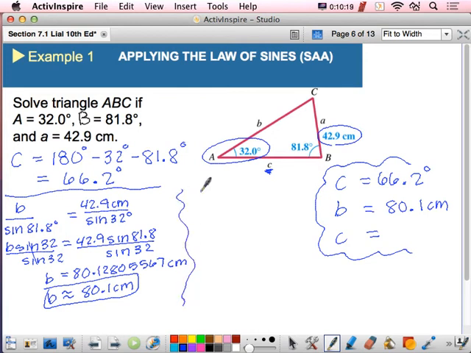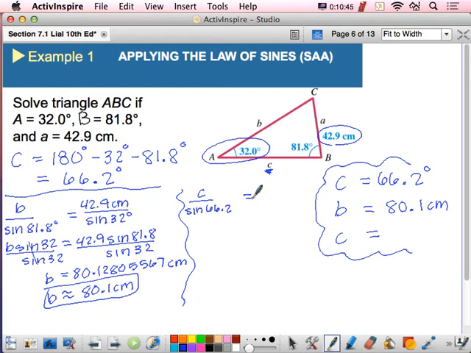For side C, we're going to say C over sine of C. In this case, we are going to have to use one of our rounded answers, 66.2, but it should be okay since it goes exactly to 180. And we're going to set that equal to either B over sine B or A over sine A. Once again, I caution you: use the ones that were given.